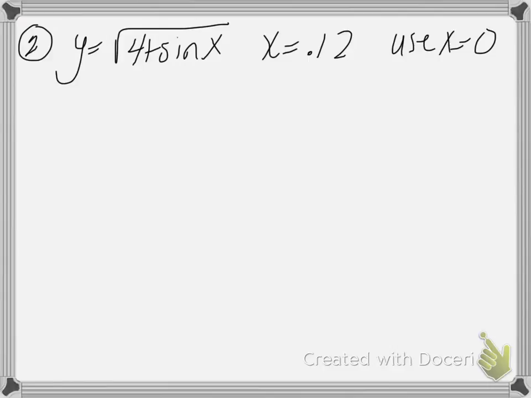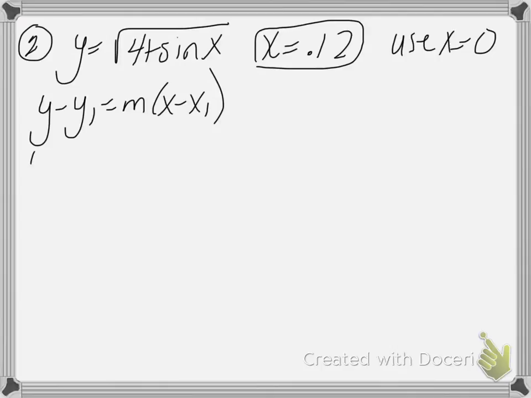So this is asking for an approximation using the tangent line to the curve. So the first thing you should be doing is this. Okay, and then we were told that x equals 0.12, so I can use that.